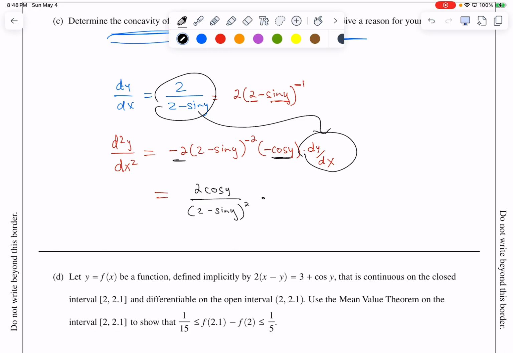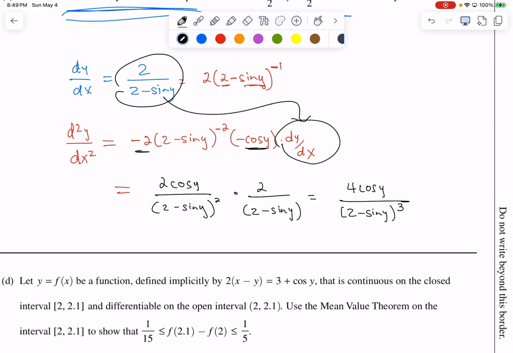Second, times dy dx, which is 2 over 2 minus sine y. Oh, that's good news. So then I'm going to end up with 4 cosine y over 2 minus sine y quantity cubed. Now, that is my second derivative. That is 2 points. Now, we only want to know from negative pi over 2 to pi over 2.